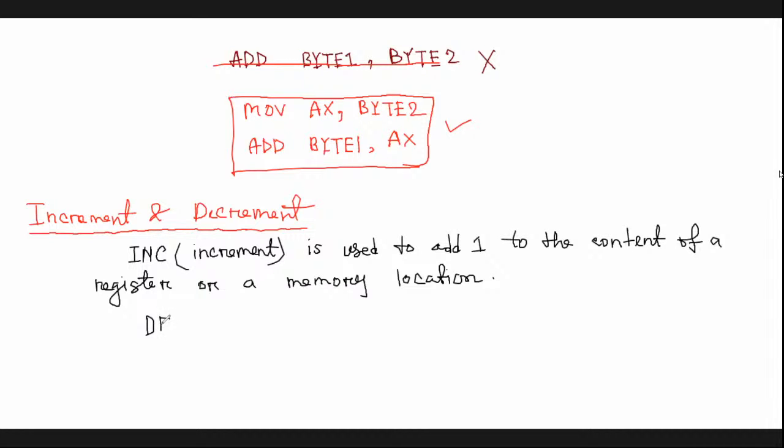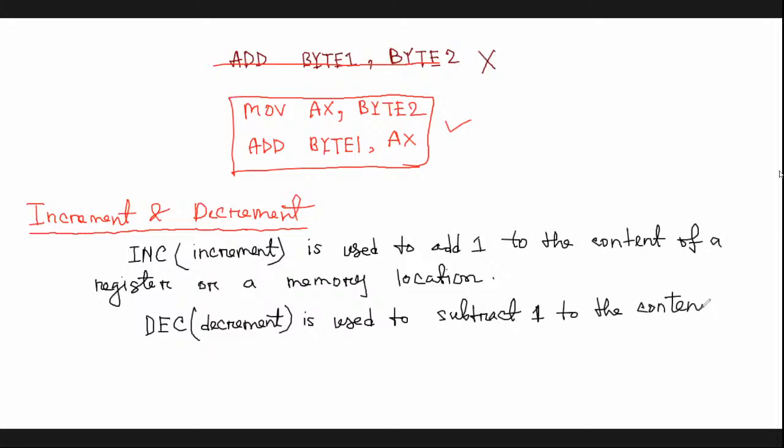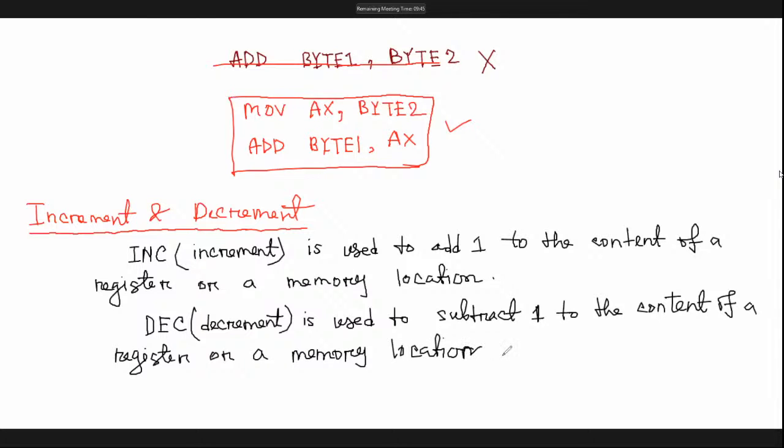Okay, so decrement is used to subtract 1 from the content of a register or a memory location. So that is how increment and decrement operations work.